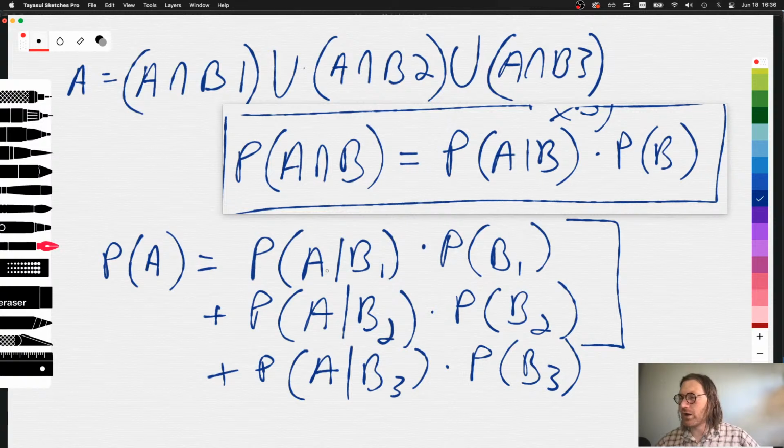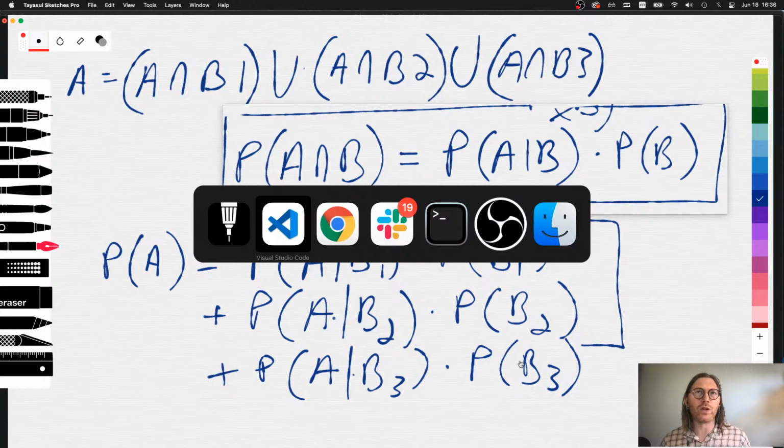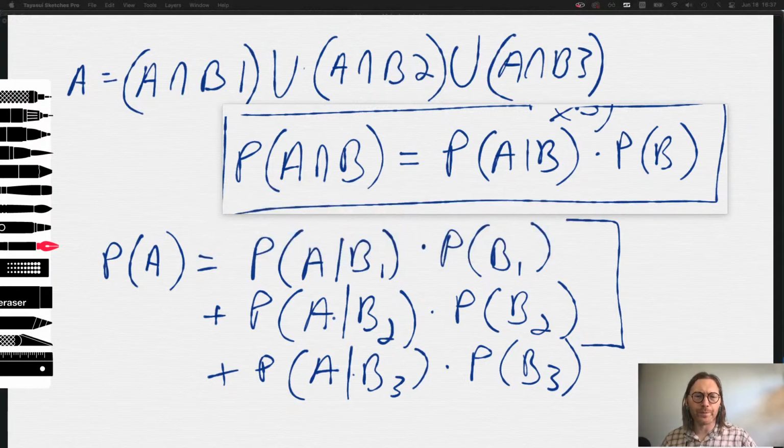For these problems, we're often going to be given these probabilities, and if we can determine the workflow for filling in these probabilities, we can solve for the law of total probability. So maybe that's a little bit of a wormhole, or a rabbit hole.